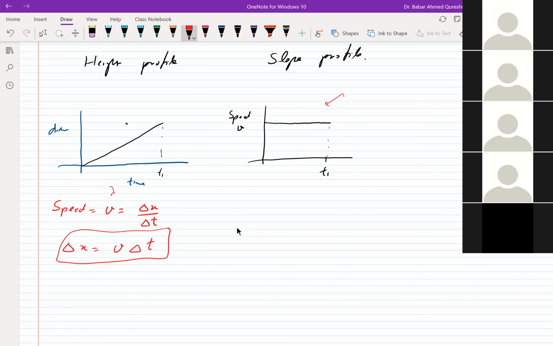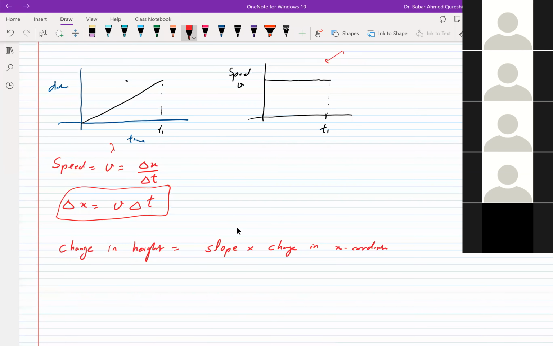And what is this? If I think in terms of a hill, this is change in height, which is slope times change in x coordinate. In this example, it is change in distance, which is speed, which is the derivative, times change in time.